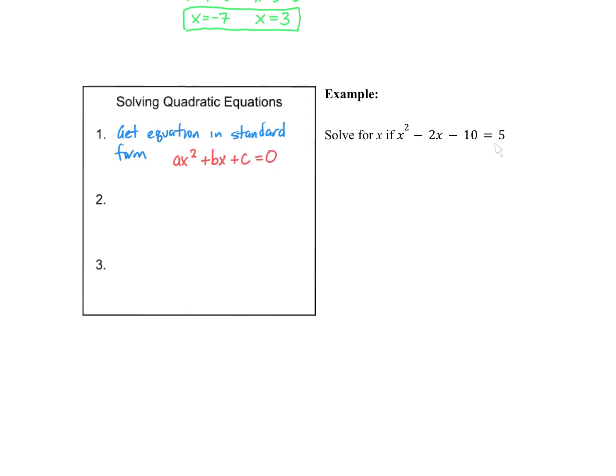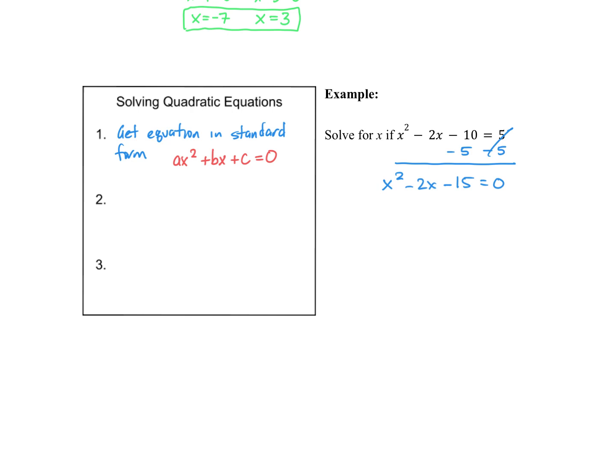So if you have an equation that's not equal to 0, and it's not in standard form, ax squared plus bx plus c, then that means you need to do some work. So in this case, step 1 would be subtract 5 from both sides, because I'm trying to get it equal to 0. So now I have x squared minus 2x minus 15 equals 0.